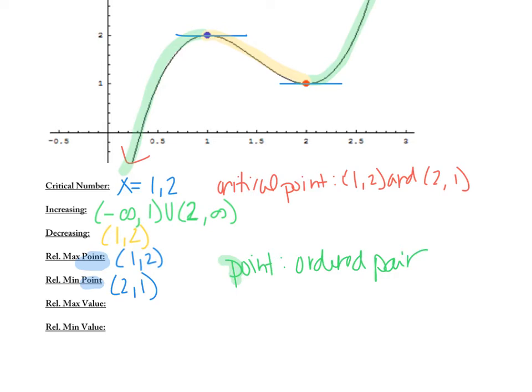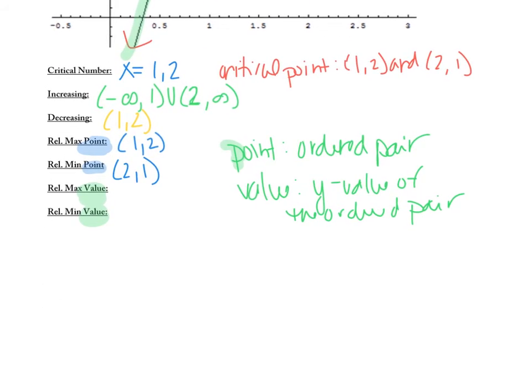If it says y value, or just the value, then that means they are asking for the y value of the ordered pair. So if we look at our example, the relative maximum value is going to be the y value of the relative maximum point, so 2. And the relative min value is going to be the y value of the relative minimum point.